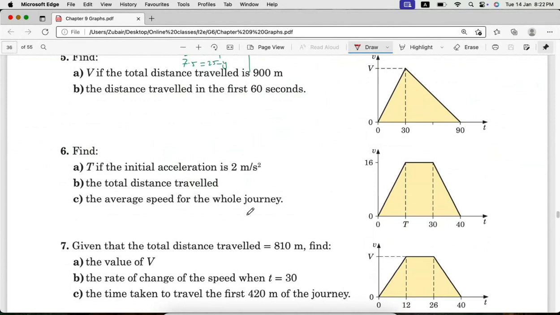How are you solving this? We have the total distance.